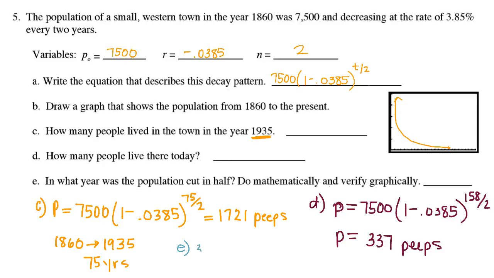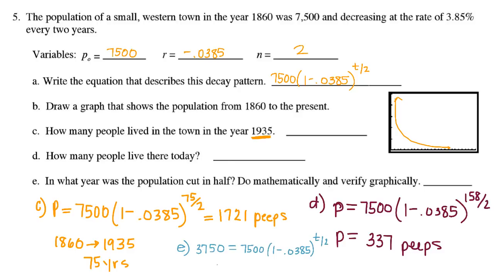That's going to be 3,750. And so that's going to be equal to, to finish setting this up, 7,500 times 1 minus 0.0385, and all of that's raised to the t over 2.